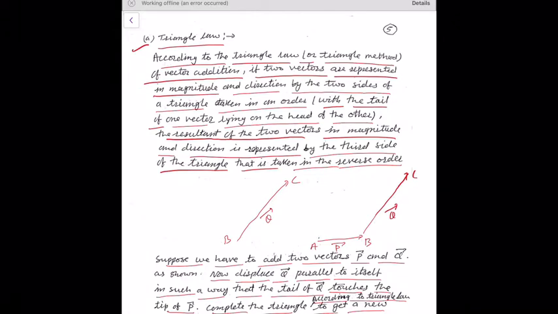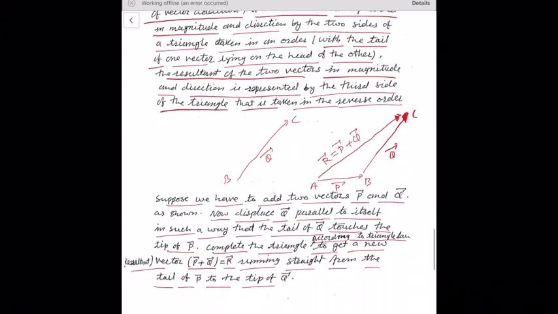So according to triangle law, the resultant of P vector and Q vector is represented with R vector. So R vector is equal to P plus Q vector.